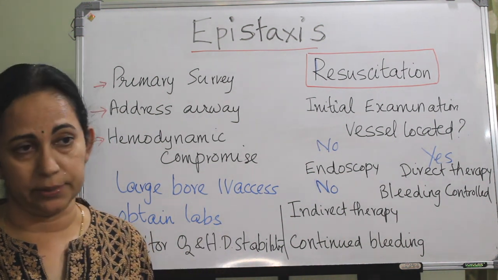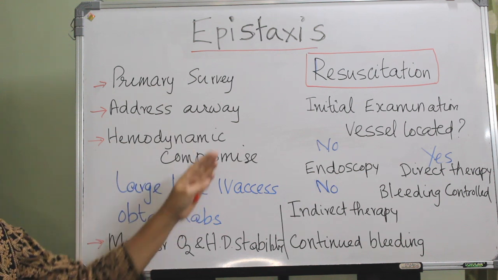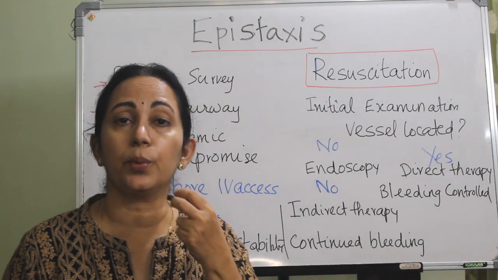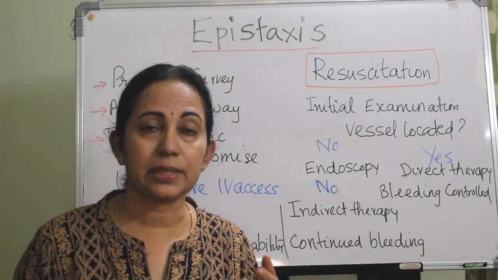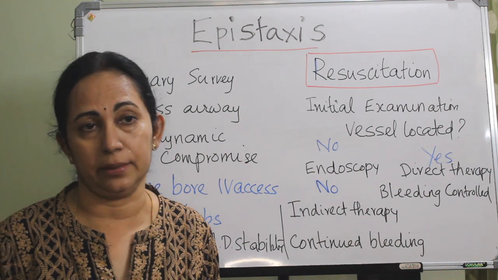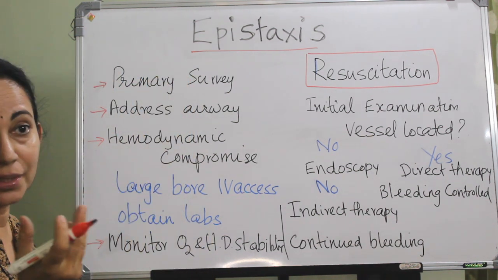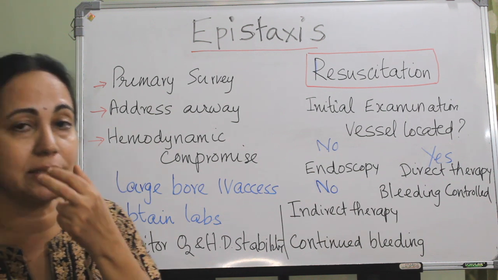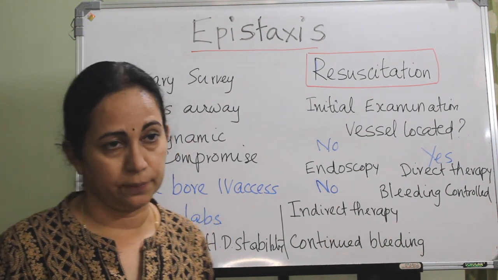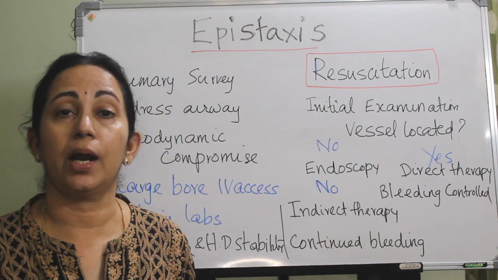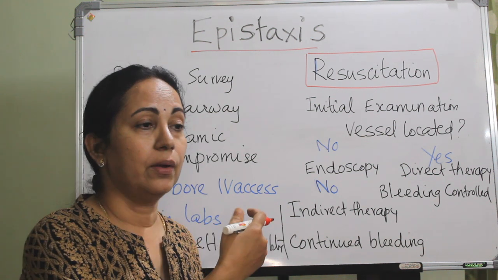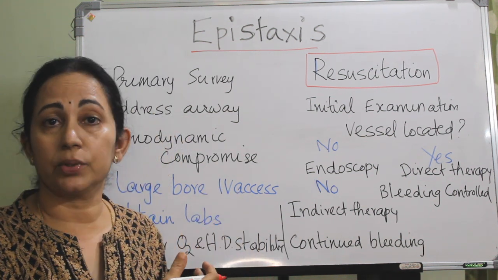So all these, and if there is bleeding, ask the patient to pinch the nose. That is otherwise called the Hippocratic technique. Okay, Hippocratic technique. The word seems to be something great, but the Hippocratic technique is simply pinching the nose. And along with that, you also ask for the history. So we already discussed the causes.